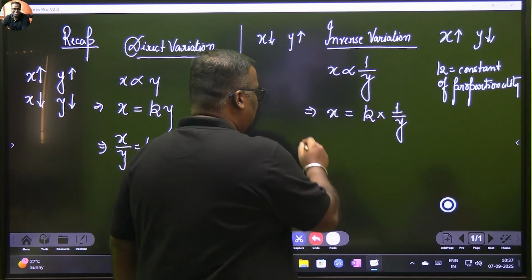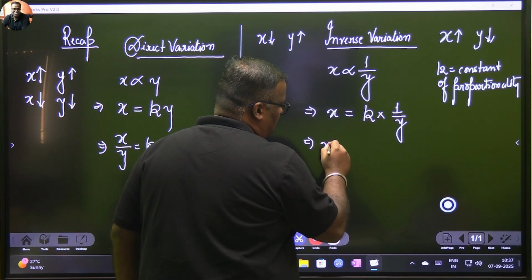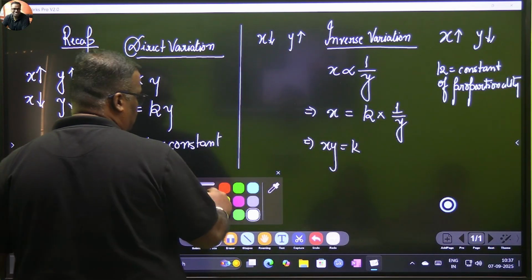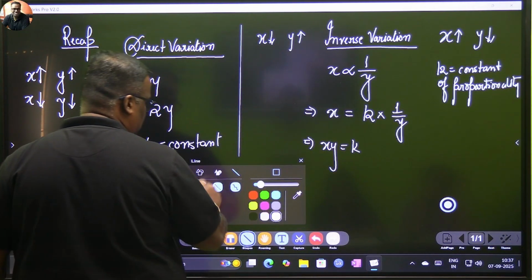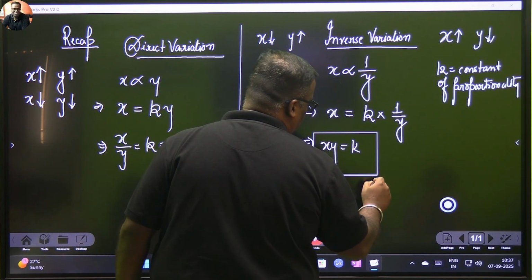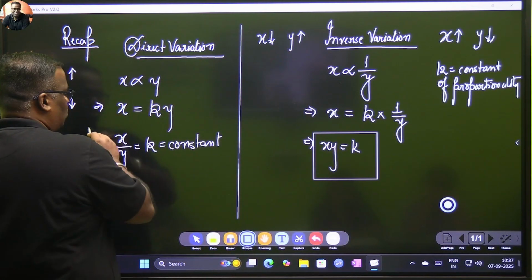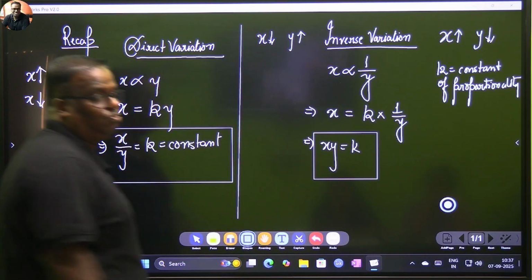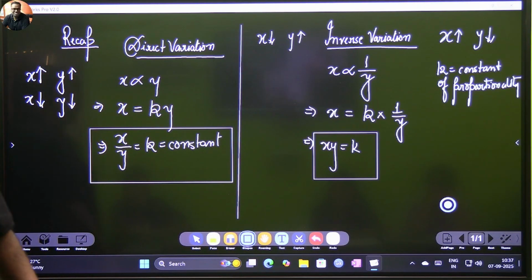So further, now we write x into y is equal to k. So the main difference between the two types of proportionality is that when you see indirect, product equal to constant, and here always the ratio will be equal to constant. This is what you should remember, right?